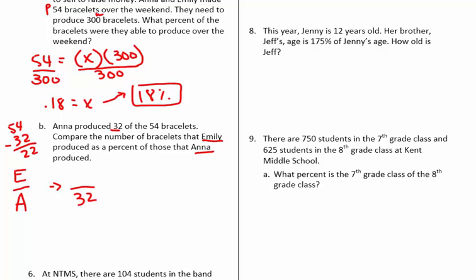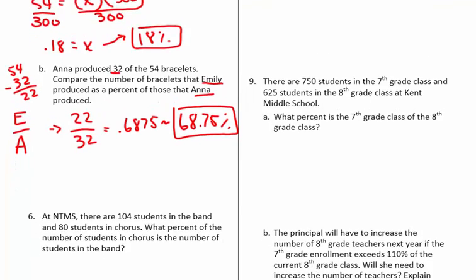That means Emily produced 22 of them, and it says write it as a percent. So I take that ratio and I divide it, and I get 0.6875, and I move the decimal over 2 places to the right, so 68.75%. So that tells me that the bracelets they produced, Emily compared to Anna was 68.75%.